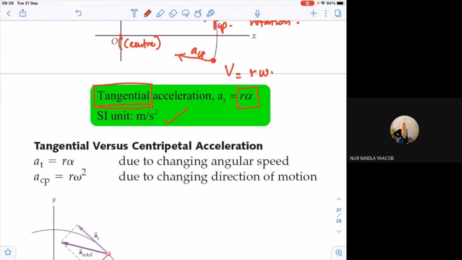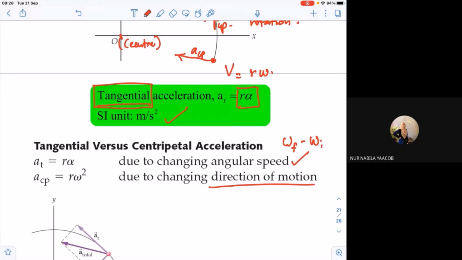So what is the difference between tangential versus centripetal acceleration? The tangential acceleration is due to the changing of the angular speed, the changing of omega final minus omega initial. At the same time, the centripetal acceleration is due to the changing of the direction of motion.